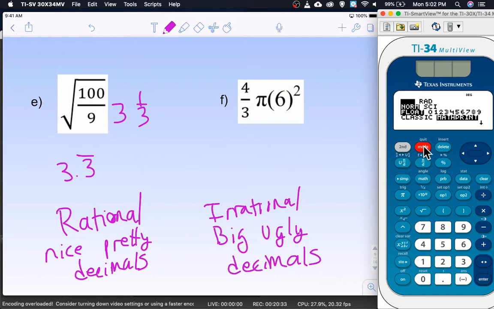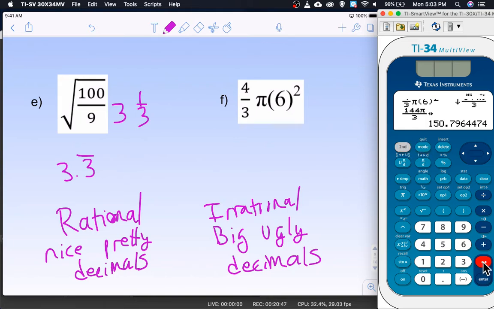There's a mode you can change in your calculator so that it will get rid of the pi thing, auto simplifying stuff, but whatever. You also have this little convert button, and that's what I would do. Now, the calculator doesn't show too many digits there, but that is irrational.